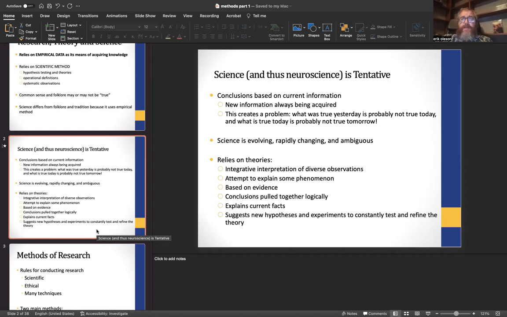There are countless things that are being updated in neuroscience, and the field is always evolving. So you must stay abreast of new changes in the field.